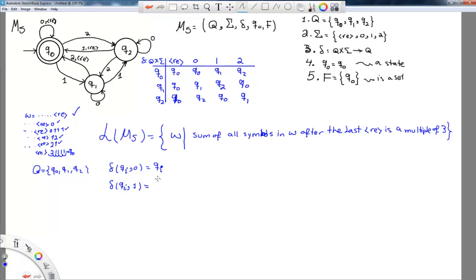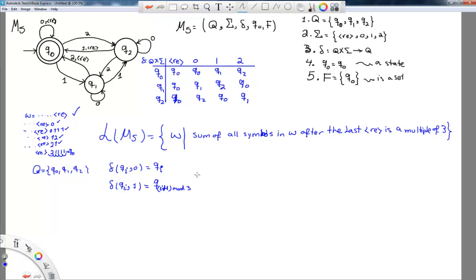So in fact, this goes to Q sub I plus 1 mod 3. Because if you are in Q sub I and you add 1 to it, then you end up in Q sub I plus 1, except if I plus 1 is 3, which mod 3 will be 0, right? So Q sub 2 goes to Q sub 2 plus 1 mod 3.